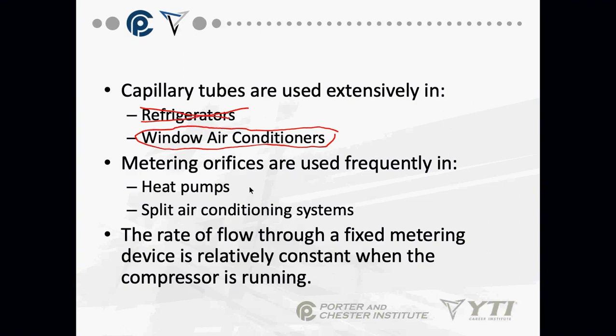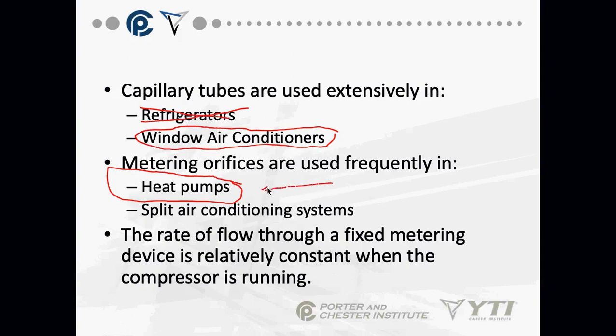Metering orifices are used heavily in heat pumps. And when we start talking about heat pumps, I'm going to explain why. We also see them used in older, inefficient split air conditioning systems. The rate of flow of refrigerant through a fixed metering device is relatively constant, okay, when the compressor is running.